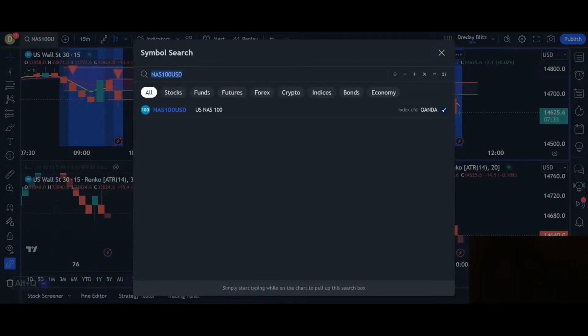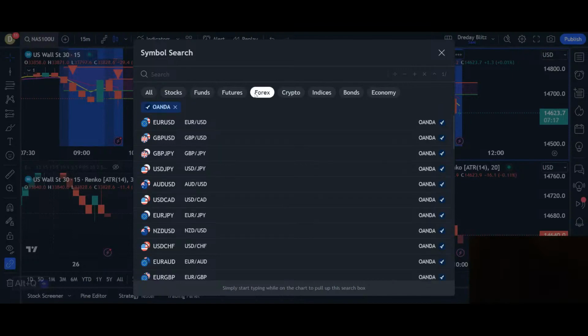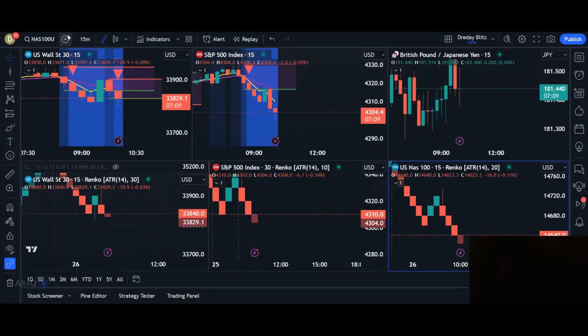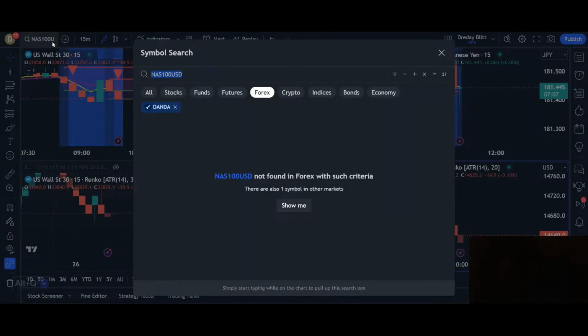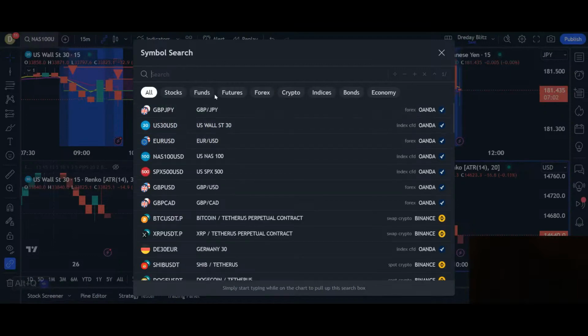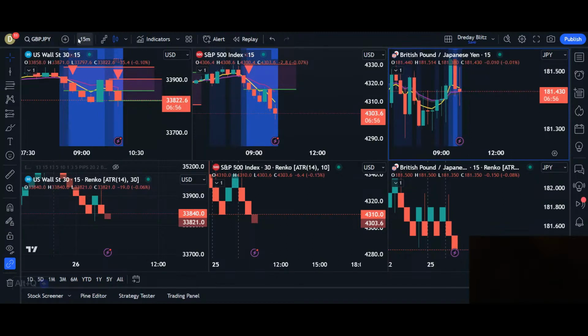Okay, so I'm going to remove the Nasdaq from the chart and look at the GJ, Forex. So GJ, I'm going to look at GJ right here too. And we're going to put it on the 1 hour.